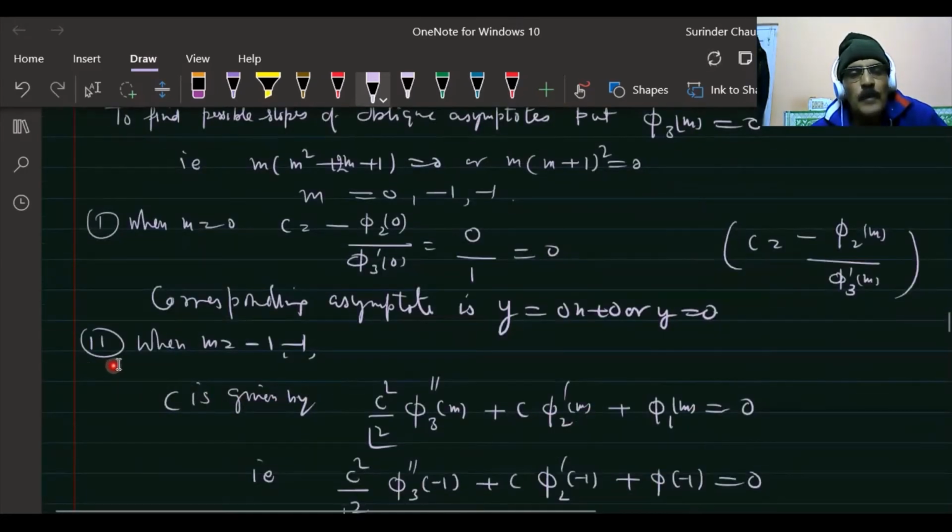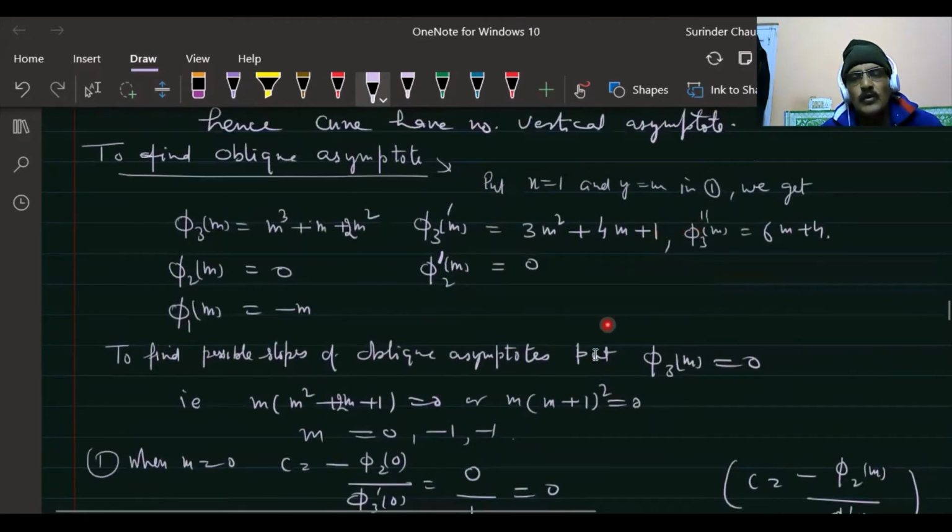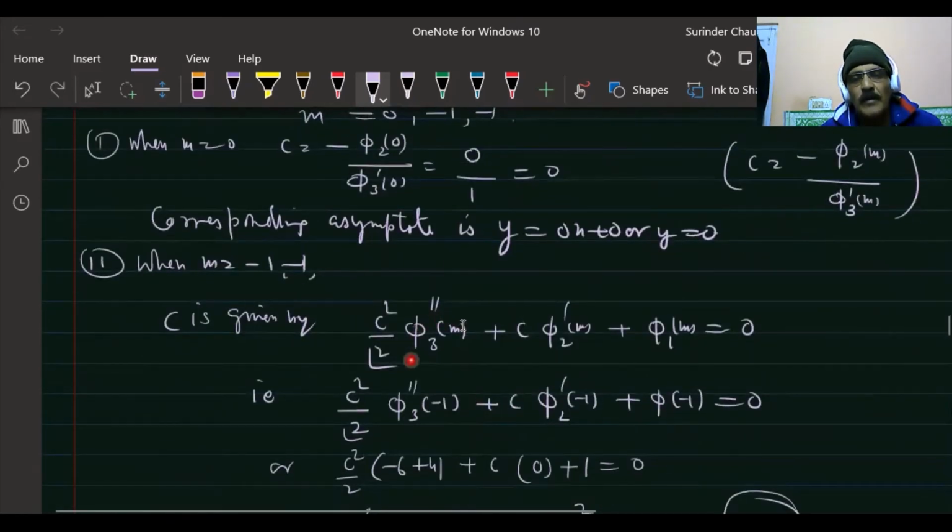For the repeated root m equal to minus 1, we get two values of c, meaning we get two asymptotes parallel to the slope m equal to minus 1. The equation is c squared over factorial 2 phi 3 double dash of m plus c phi 2 dash of m, the first derivative, plus phi 1 of m equals 0. We substitute the values of phi 3 double dash, phi 2 dash and phi 1 of m.